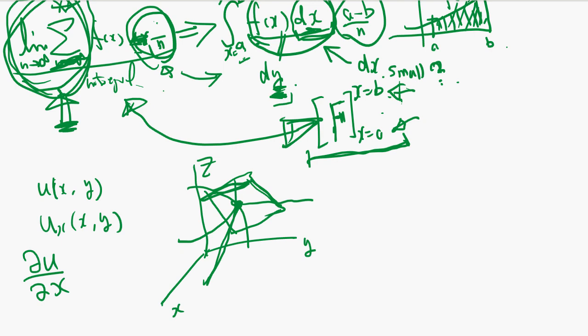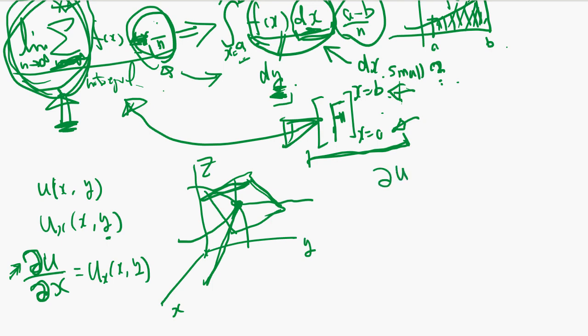Now this is called a partial derivative, still with d, and this notation is strange, but it shows partial. That means y is fixed, treated as a constant, right? This is x and y.